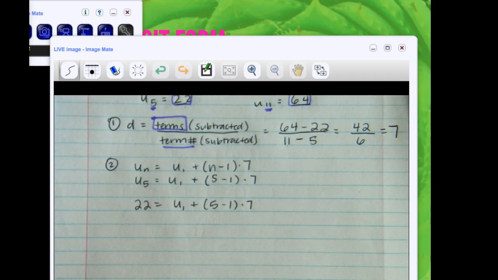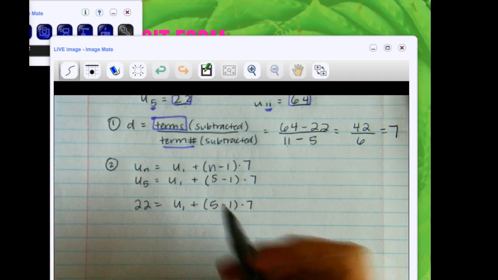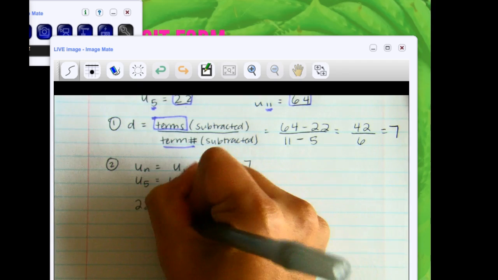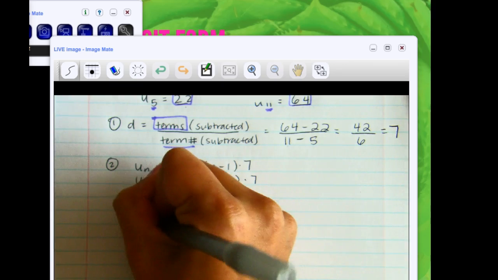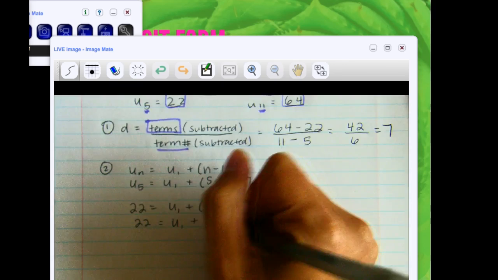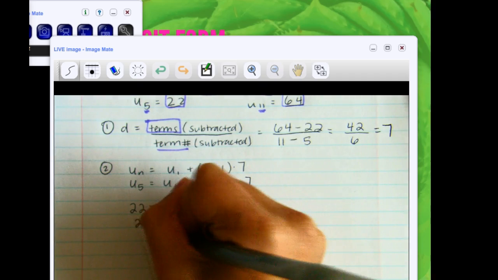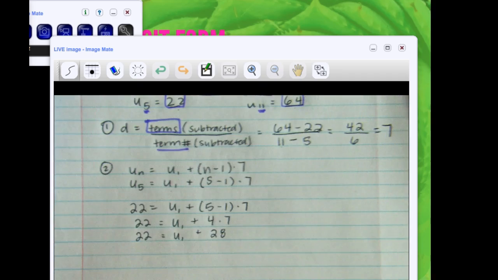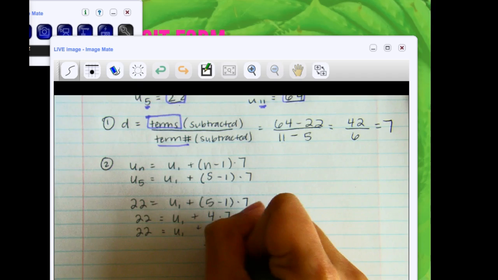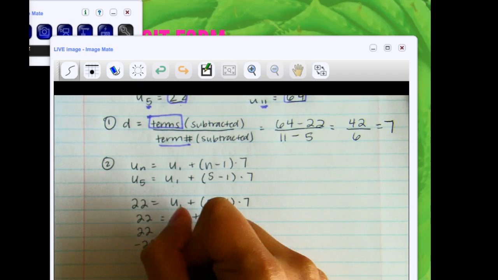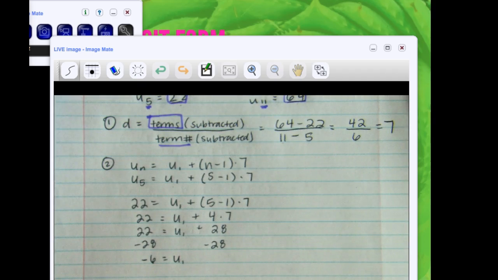I can simplify and solve for u sub 1. So 5 minus 1 is going to give me 4 times 7, plus u sub 1 is equal to 22. 4 times 7 is going to give me 28, plus u sub 1 is equal to 22. If I subtract 28 from both sides, I'll get that negative 6 is equal to u sub 1.